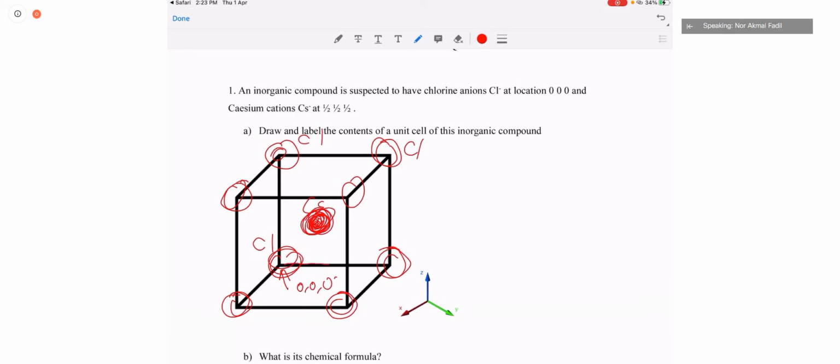So let's say this is X, X is here, Y, and Z. So half to the X, half to the Y, and half to Z. So what is the structure for this one? Anybody? What is the crystal structure for this one?